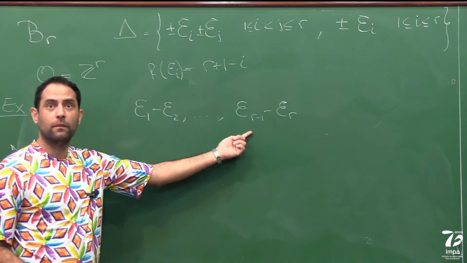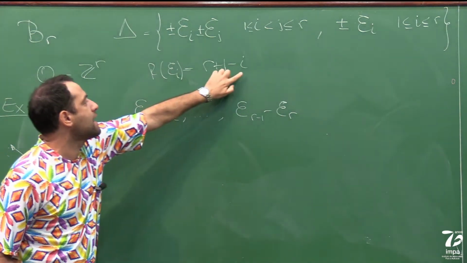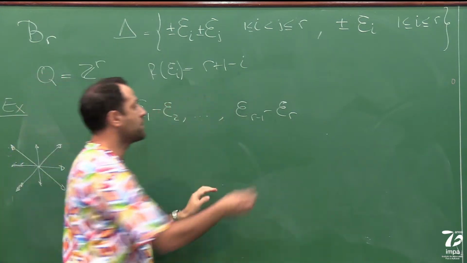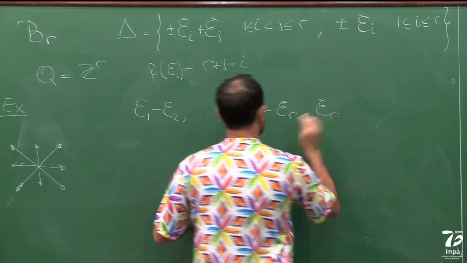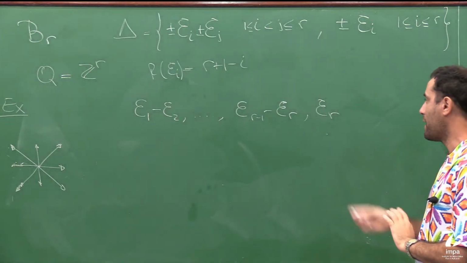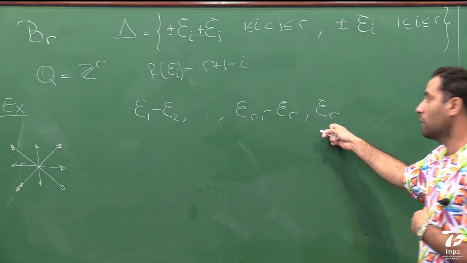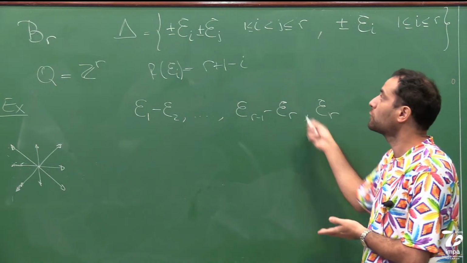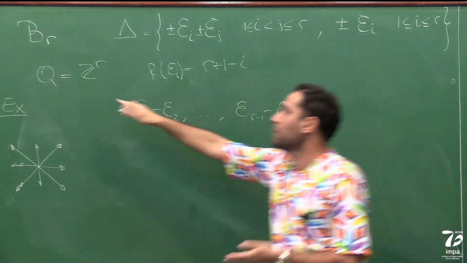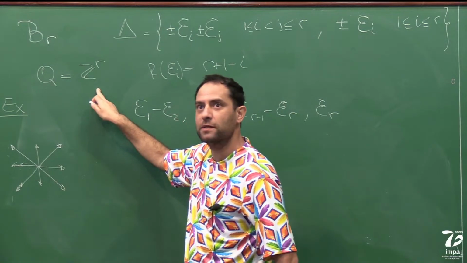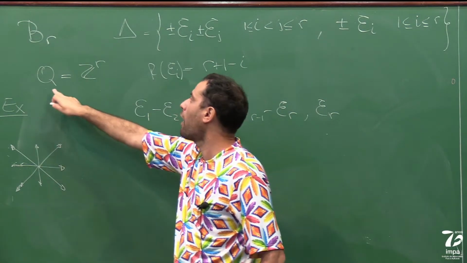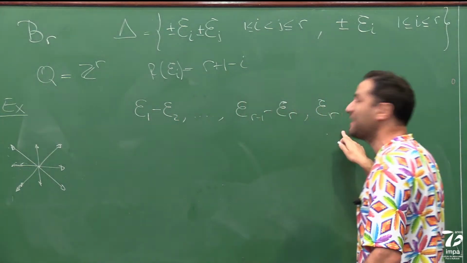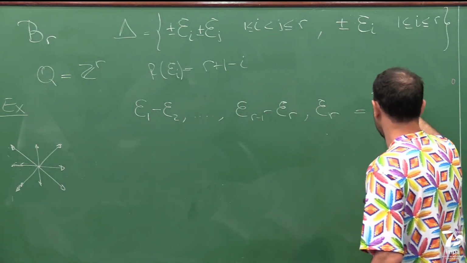But it is clear that epsilon r, which is the smallest one, also takes value 1. So we can just add epsilon r to this list, and f of this is 1. So all of these are clearly linearly independent. They span a vector space of dimension r, which is the real vector space generated by this Q. So therefore, this has to be the simple root system.